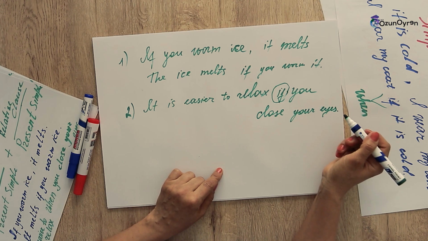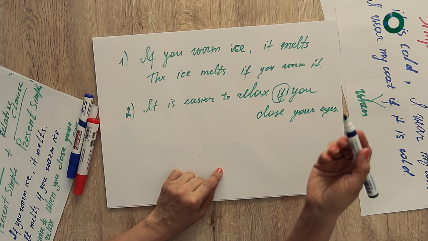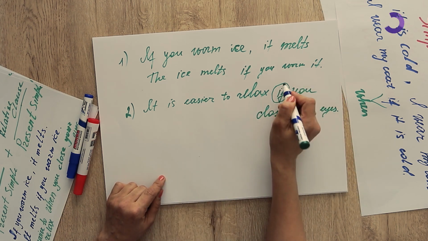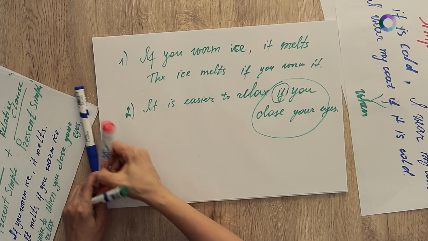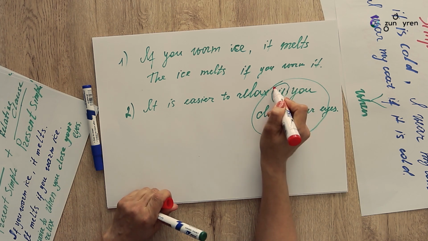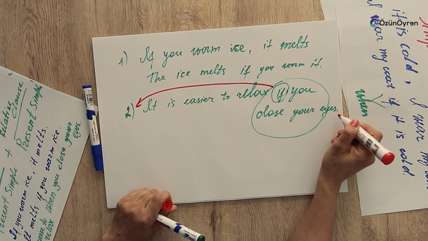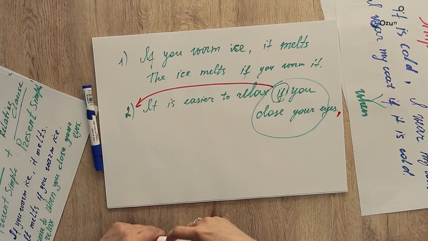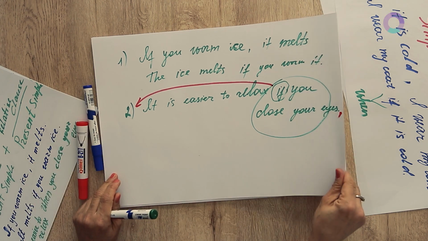We can do it in the following way. For example, we can say the if clause in the beginning of the sentence, as we stated before, and then we add a comma here. Okay, these are the examples of the zero conditional.